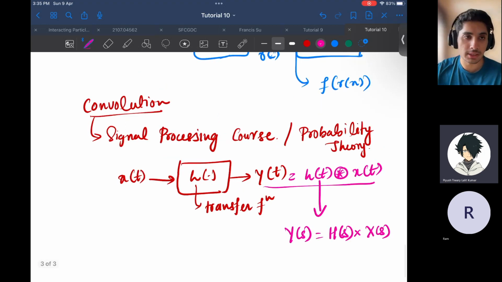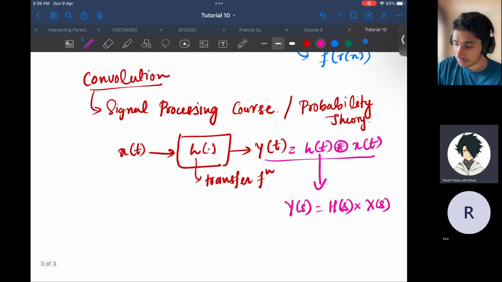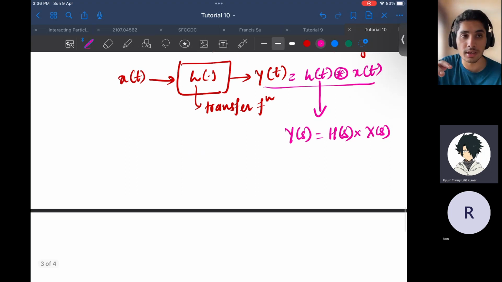So I saw convolution in signal processing. The point where I saw convolution in probability theory was when I saw the formula for the density of a random variable which is the sum of two other random variables.